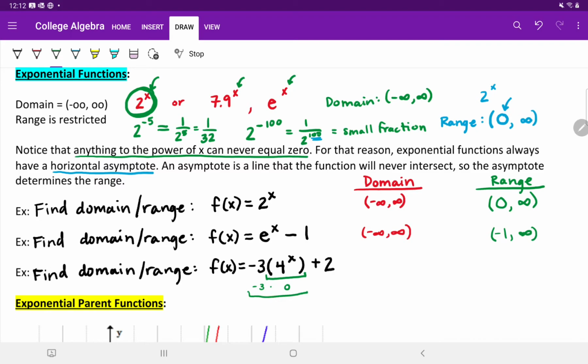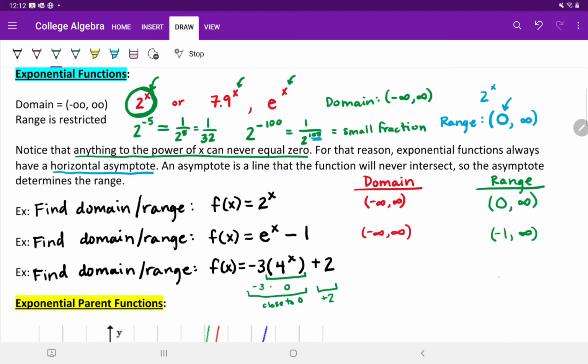So this whole first term is getting really, really close to 0. And then we're going to add 2 to it. So our range would go all the way up to positive 2.